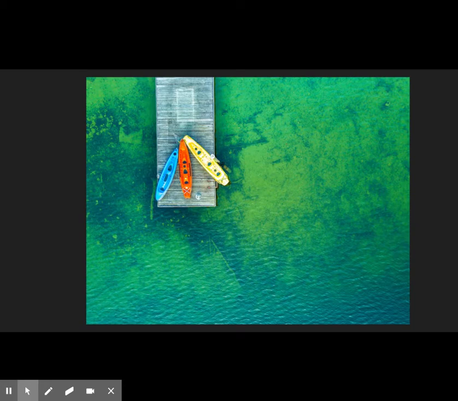And then those 3 kayaks are just beautiful. You get this beautiful color triad, red, yellow, and blue, along with all of that green and the gray. It's just a perfect picture. It's perfectly square and there are no weird angles, and it's great composition. I'm not thinking your pictures are going to look like this, but here's an example of one that does.